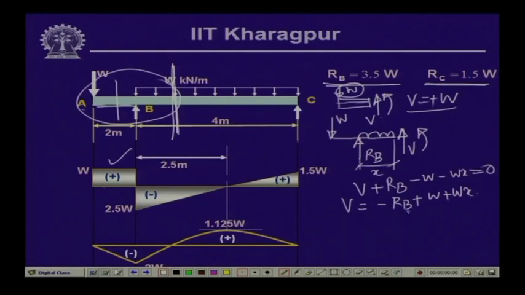Now, the shear force at the end beyond B, if we try to find it at any segment, let us say at a distance C, when x is equal to 4 meter.